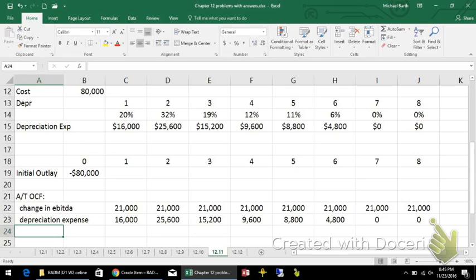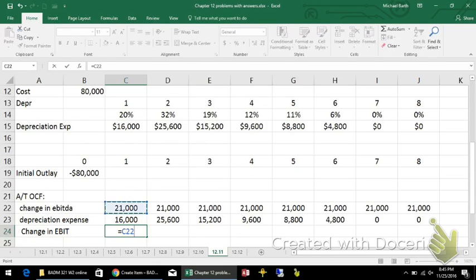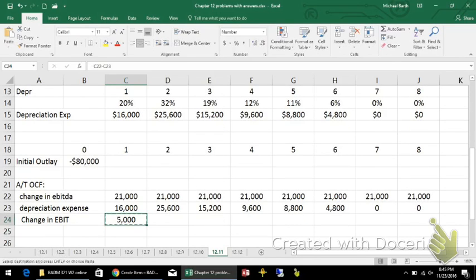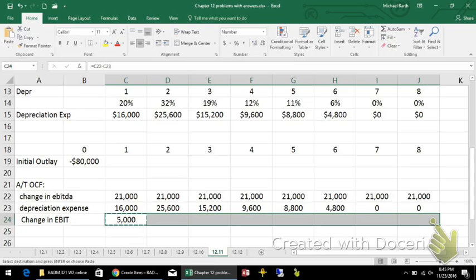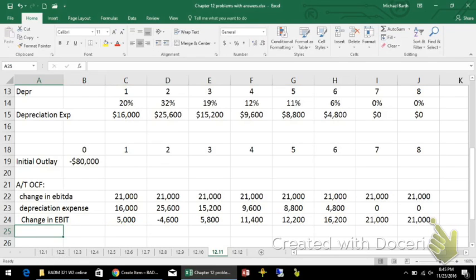So that'd be the change in EBIT, which would be the increased profits less the depreciation expenses from the new machine, and then the EBIT times 1 minus the tax rate, and then add back the depreciation.